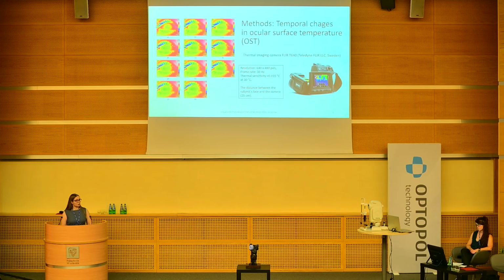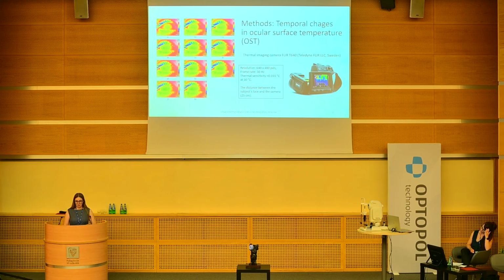For the methods, we used a thermal camera, a FLIR T640. I'm not that big of an engineer, some people helped me with taking care of that camera, but as far as I'm concerned, this model doesn't exist anymore.